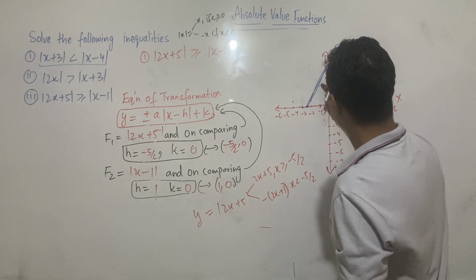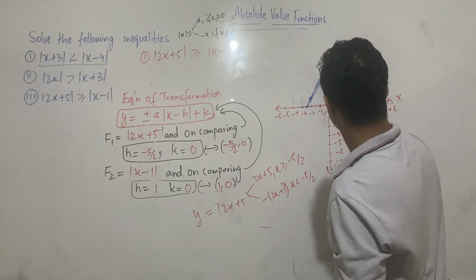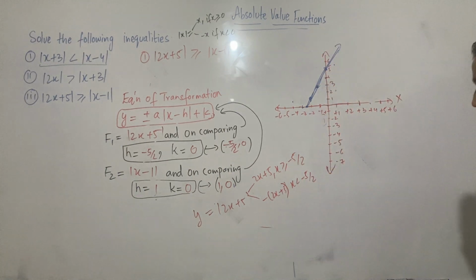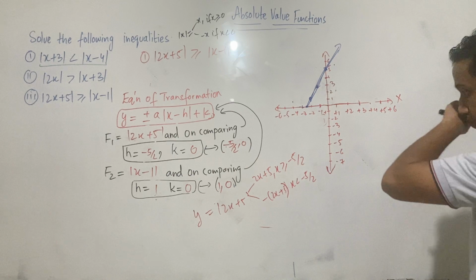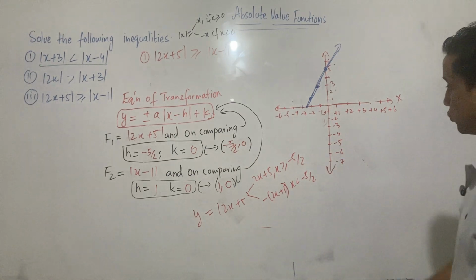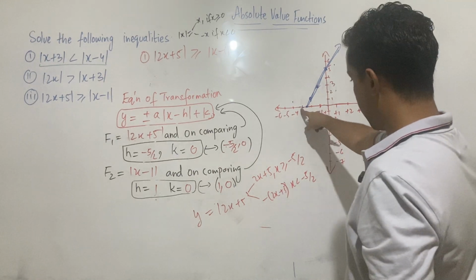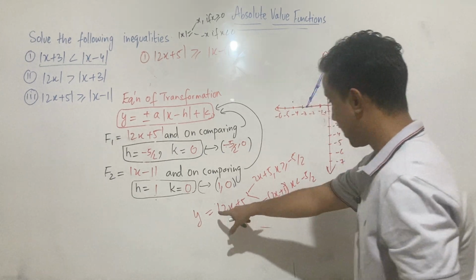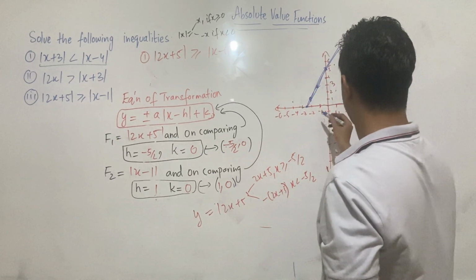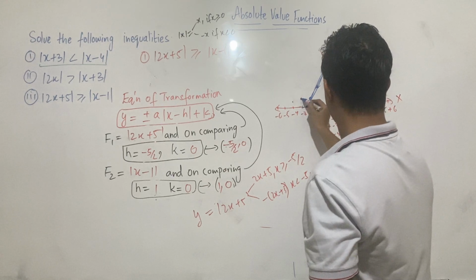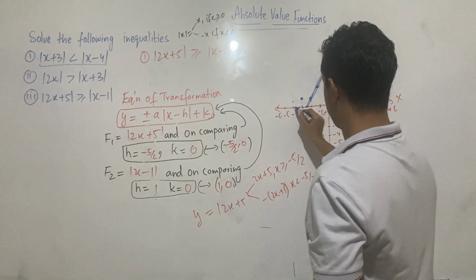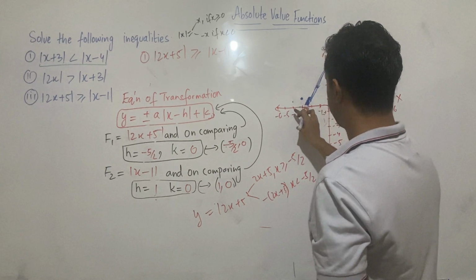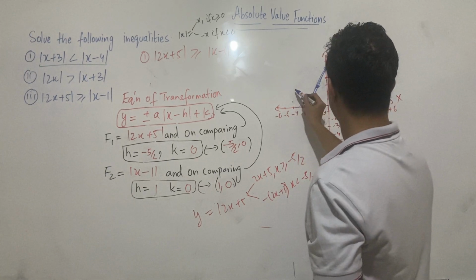Okay, and on the other side, less than minus 5 by 2, if you take minus 3, it's minus 6 plus 5, which is minus 1, so 1. For minus 4, it's minus 8 plus 5, which is 3.